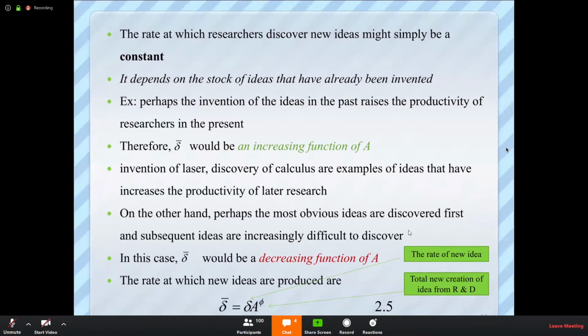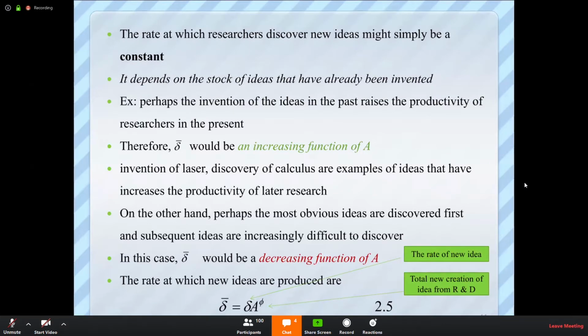Right. So we have understood, we have looked at the very basic general equation for production of idea, which consists of only two variables. Labor producing idea, or we call them the researchers, and how fast can they create idea?